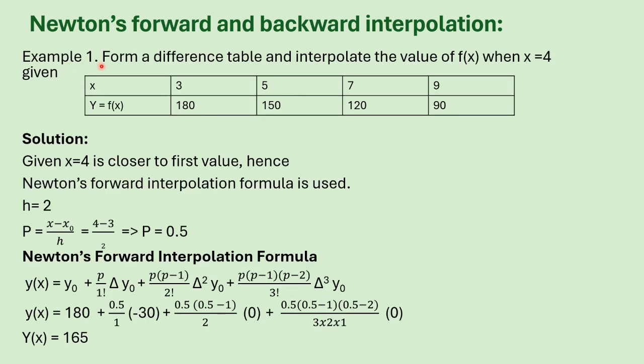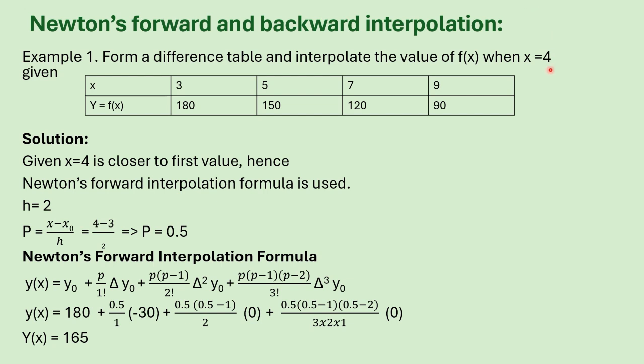Example 1. Form a difference table and interpolate the value of f of x when x is equal to 4. First, we have to find out whether we have to do forward interpolation or backward interpolation. So here, we have to look at this value. This value is 4, which is closer to the first value.